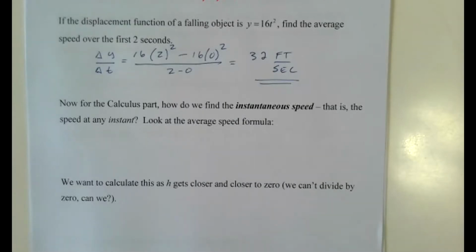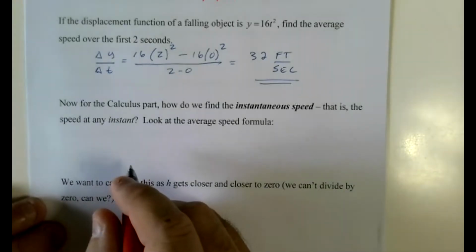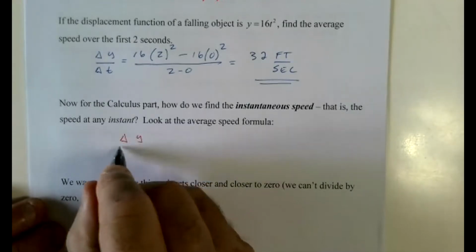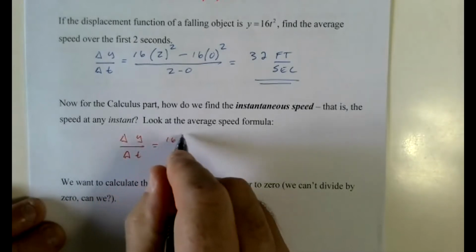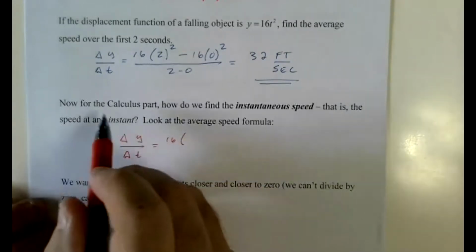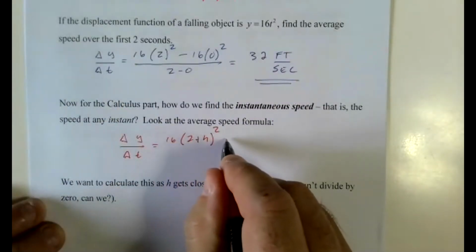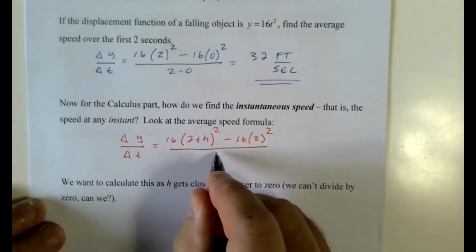So now, how do we find the instantaneous speed, the speed at any instant? Well, if we look at the average speed formula, just delta y over delta t, 16 times, and we want to know it at 2. Okay, well, 2 plus some h minus 16 times 2 over h.